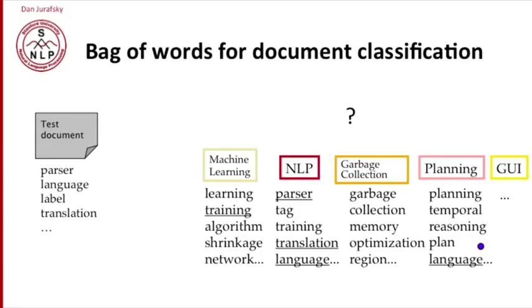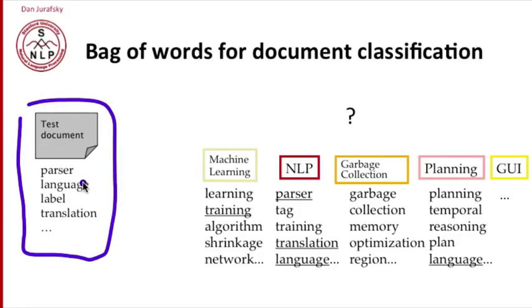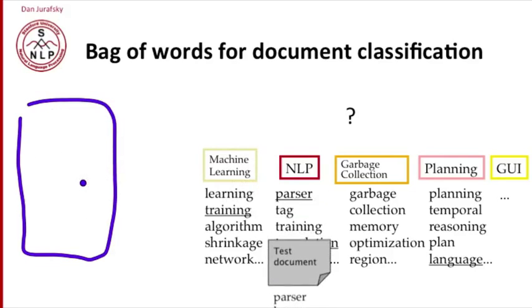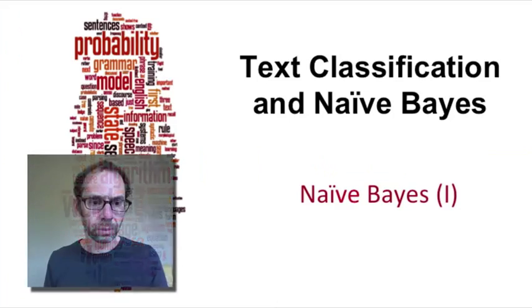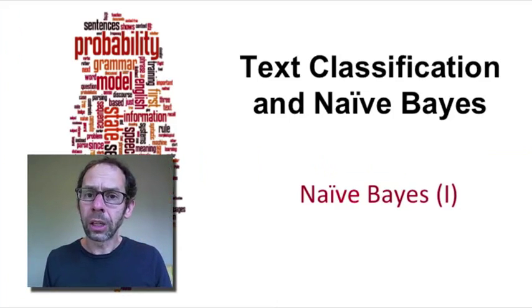So I have some text, some document here with words like parser or language or label or translation, and I want to know which aspect of computer science it should go in so I can file my paper automatically. And a good text classifier should automatically figure out that that's a natural language processing paper. So that's the intuition of the naive Bayes classifier.